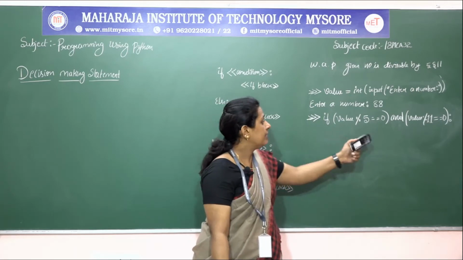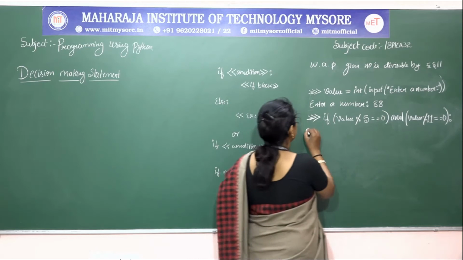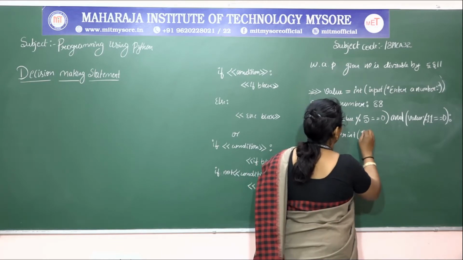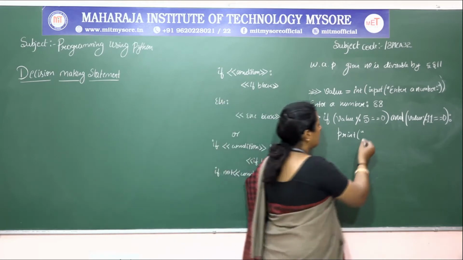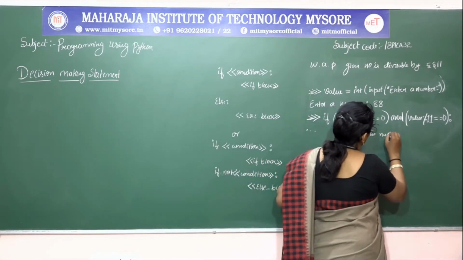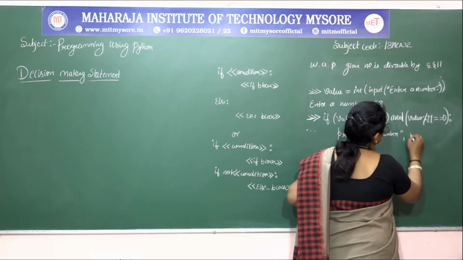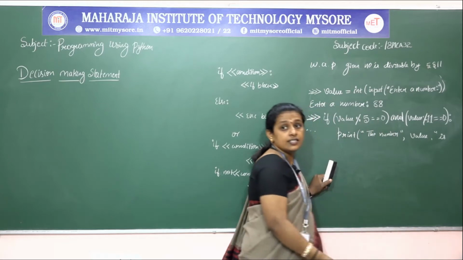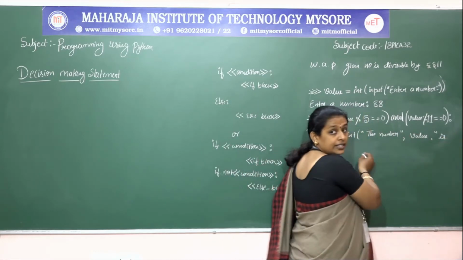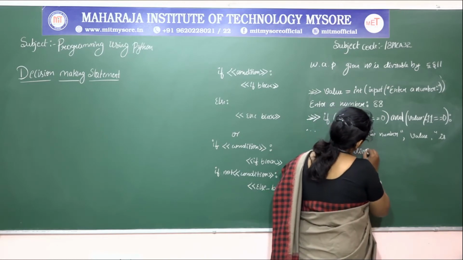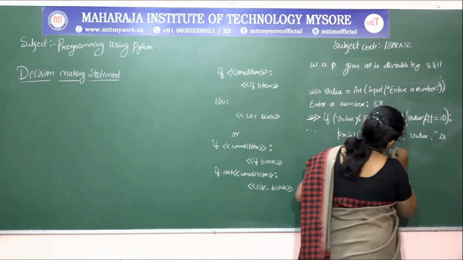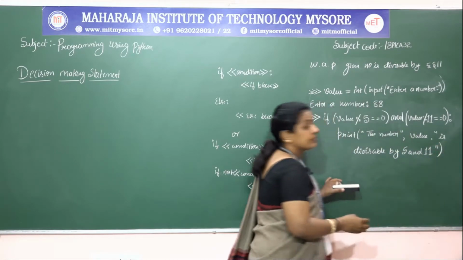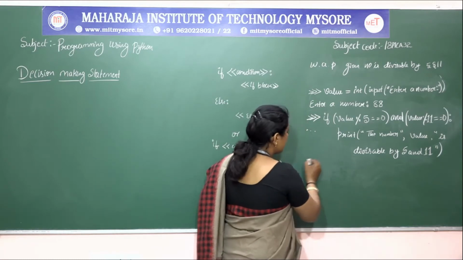Then if both conditions are true, I take a tab and print the number, meaning value, is divisible by, and I am continuing here itself because of space constraints.